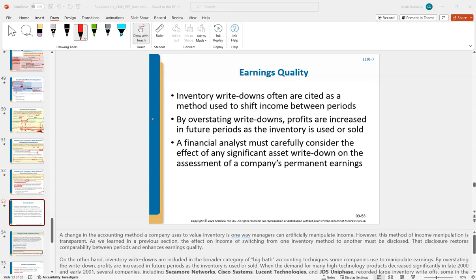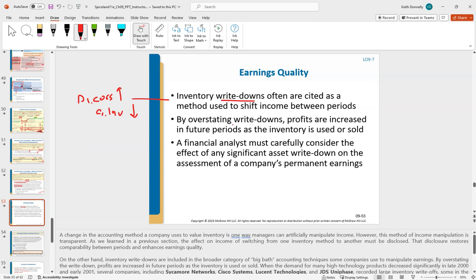Okay, let's talk a little bit about earnings quality. So be aware, whenever you have those inventory write-downs, where you're going to do something like debit cost of goods sold, credit inventory, you have to write that down and you have an increase of an expense. You have to carefully look at financial statements to make sure they're appropriately and effectively doing this.